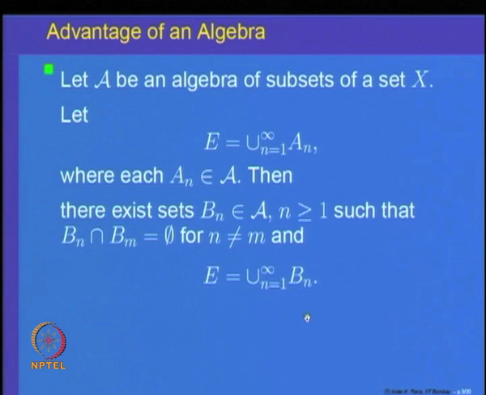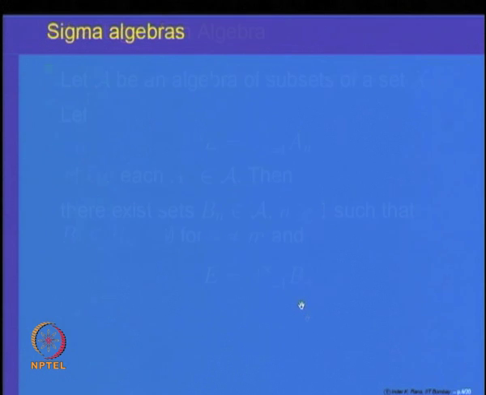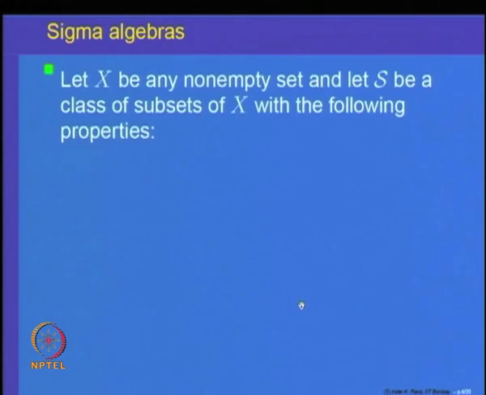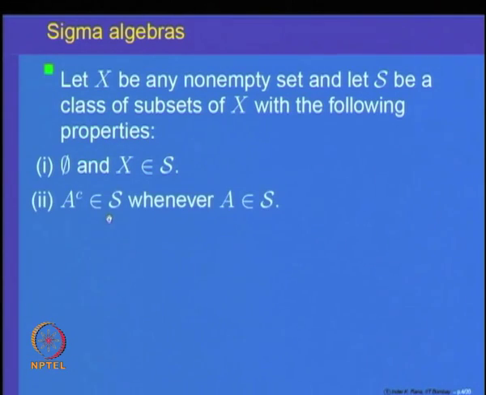So, let us now start with a class which is slightly stronger than algebra. So, that is called a sigma algebra. So, let us start with a collection, X is a non-empty set, and let S be a class of subsets of the set X with the following properties. 1, empty set and the whole space are elements of it, like in a semi algebra, like in an algebra. 2, A complement belongs to S whenever the set A is in S. That means, the collection S is closed under taking complements, as in the case of an algebra.